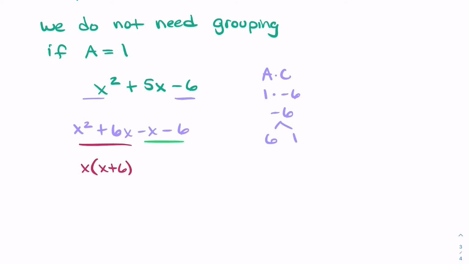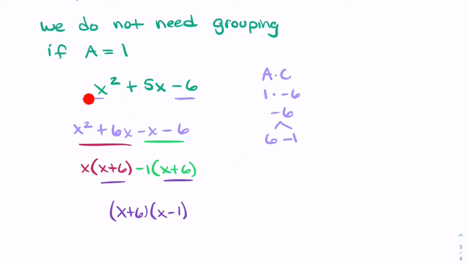I factor out a -1, and I get x plus 6. And finally, I factor out my x plus 6, and I have x minus 1 left over. Notice 6 and, oh, sorry, I messed this up. -1 is what I meant. Apologize, I hope that didn't mess you up. 6 times -1 gives me -6. Notice 6 and -1 are exactly what I have.